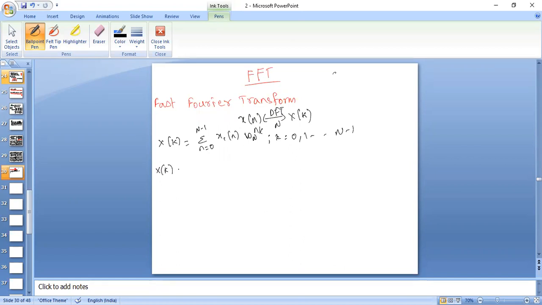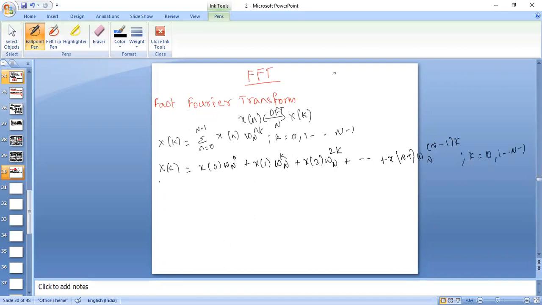So x of k can be expanded as x of 0 omega n power 0 plus x of 1 omega n power k plus x of 2 omega n power 2k plus so on plus x of n minus 1 into omega n power n minus 1 into k. And this is the valid expression for k is equal to 0 to n minus 1.